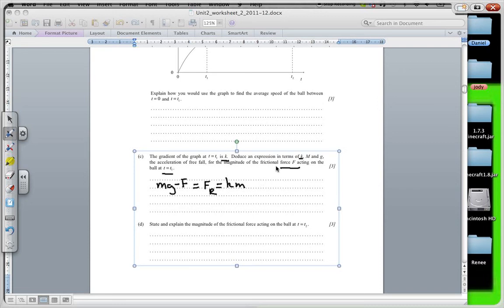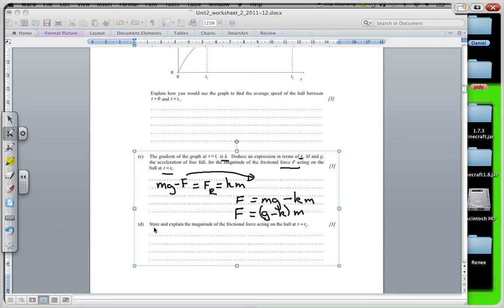So we want to deduce an expression in terms of k, m, and g for the magnitude of the frictional force F. If we take it over to the other side, F is equal to mg minus km. So we would have (g minus k) times m as the expression for the frictional force F.